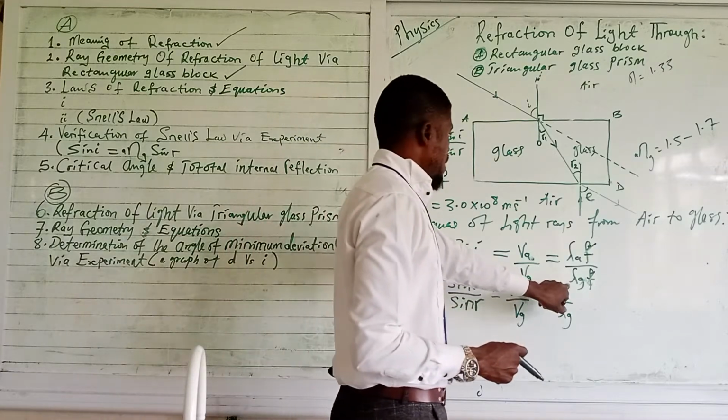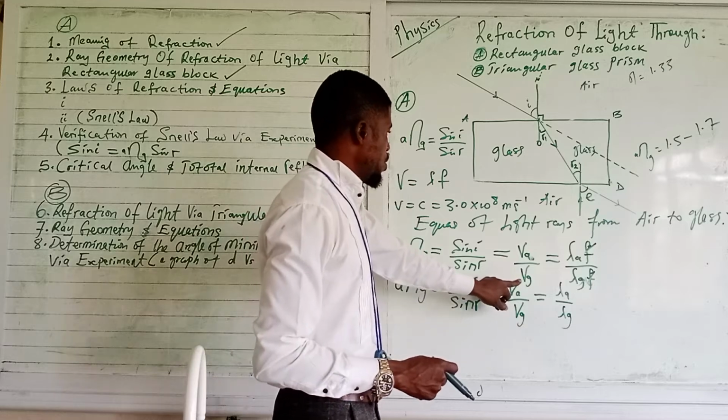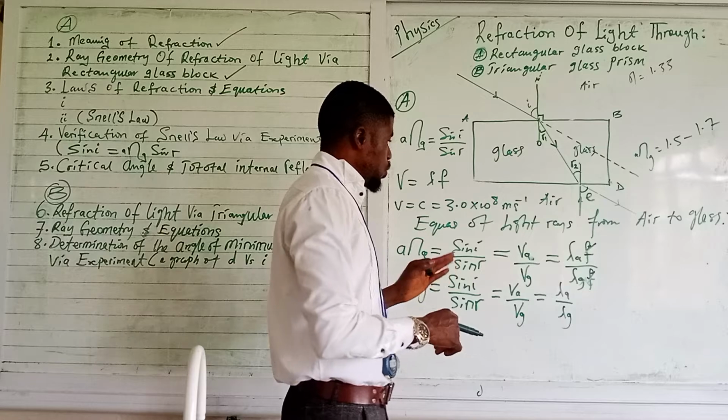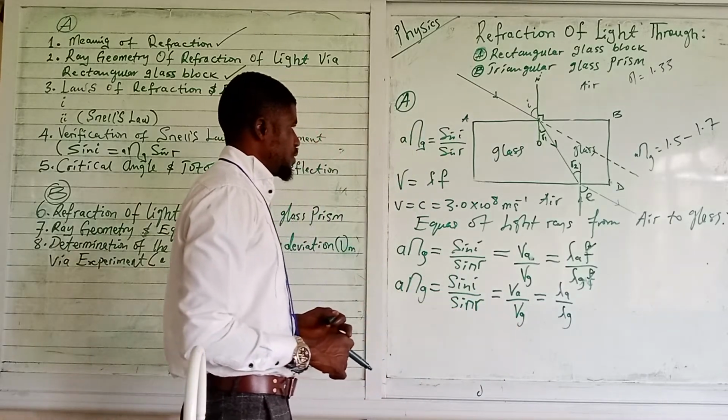That is wavelength in air over wavelength in glass, and velocity of light in air over velocity of light in glass. That is the meaning of this equation.